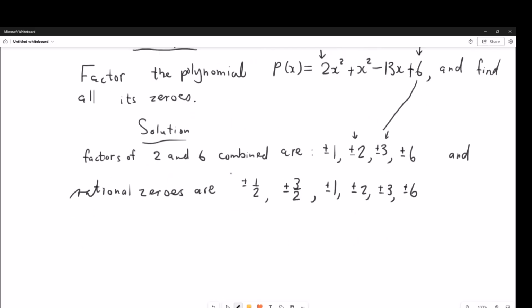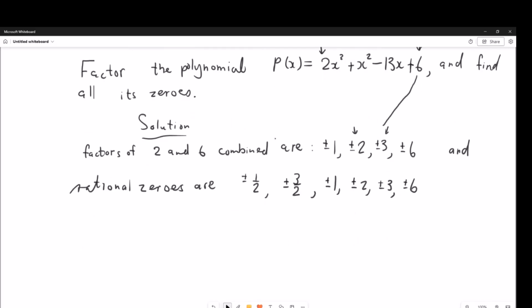Well, to check whether 1 is a 0, I can just put 1 in there, or I can just divide and see what happens. I can just divide x minus 1 into P of X by the factor theorem, okay? If the remainder is 0, then I know 1 is a 0, okay?